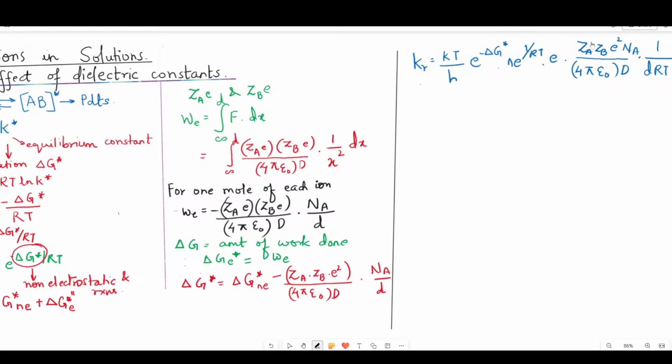So now Kr will become K naught e raised to minus ZA ZB e square Na divided by 4 pi epsilon naught d into 1 divided by dRT.